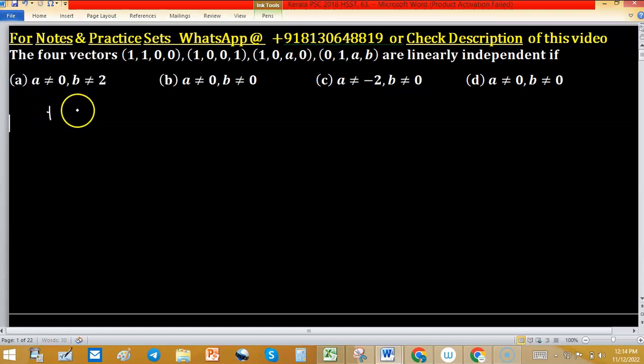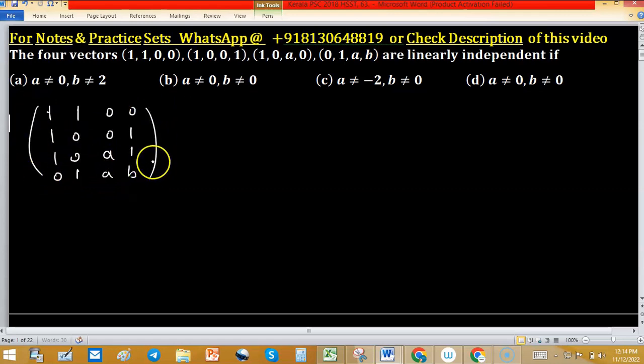We have 4 vectors: 1 1 0 0, 1 0 0 1, 1 0 a 1, and the last vector 0 1 a b. These 4 vectors are linearly independent when the rank of this matrix is 4, and the rank will be 4 when each row contains a pivot.